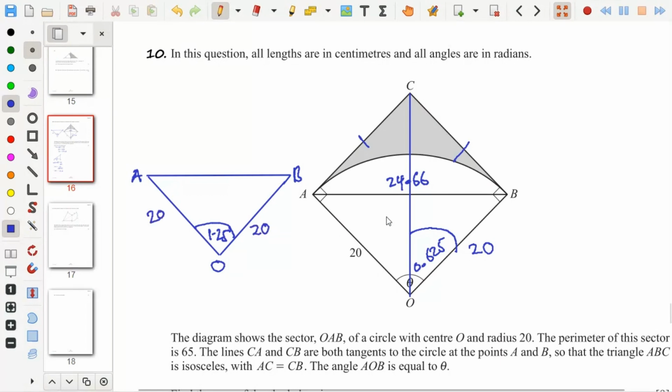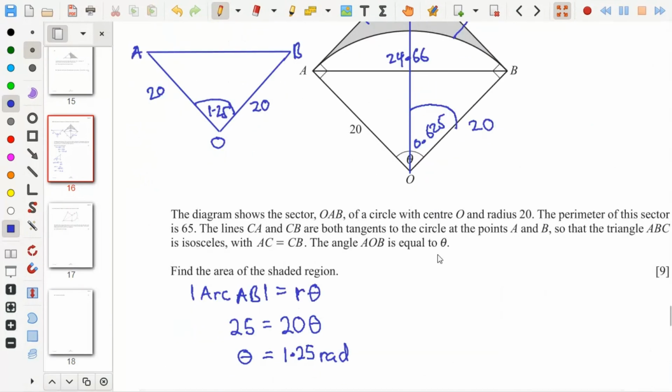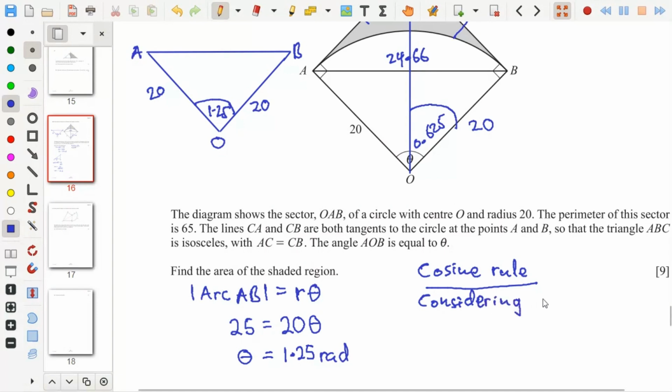So I can apply the cosine rule here. Considering triangle what? You are talking to the examiner, so make sure that your presentation is very good. Triangle AOB.